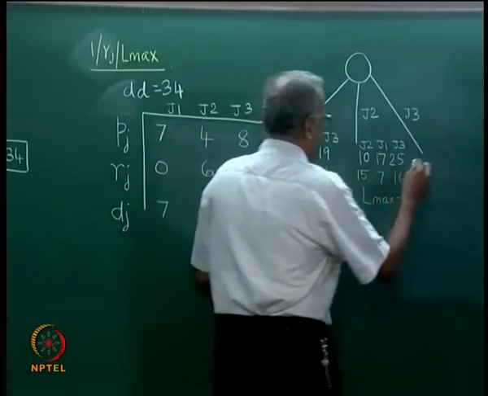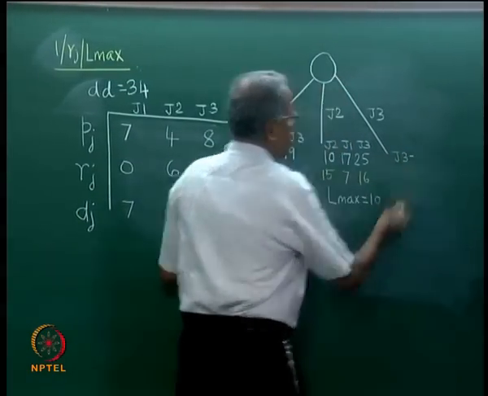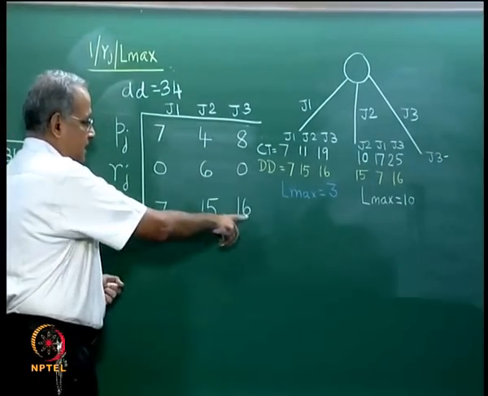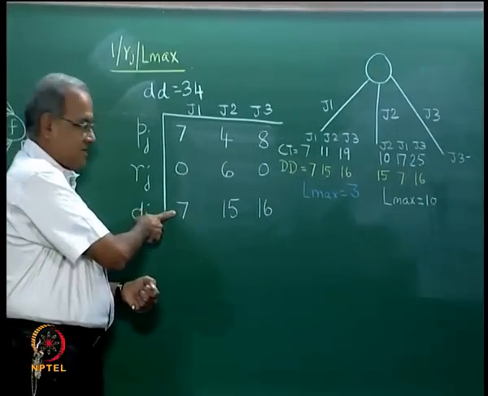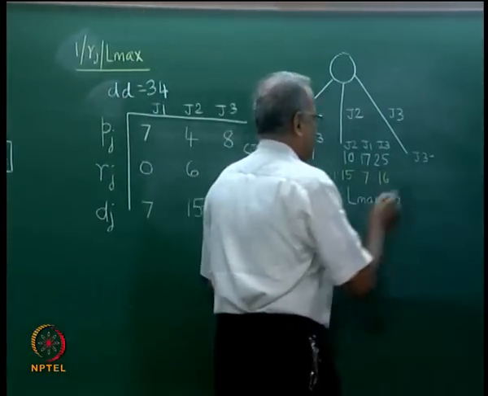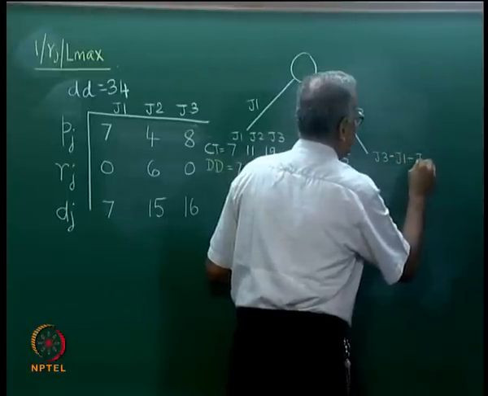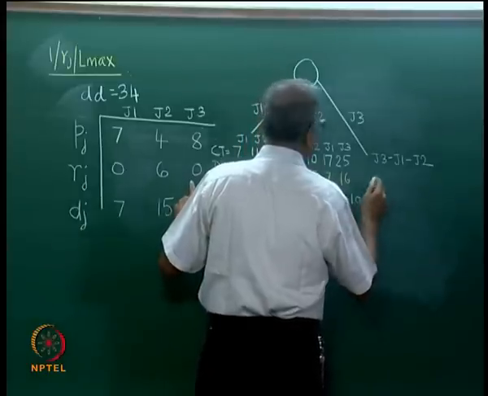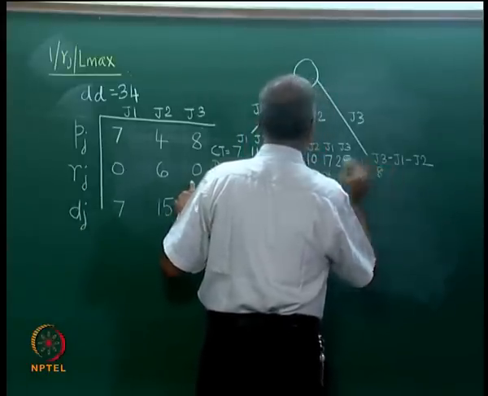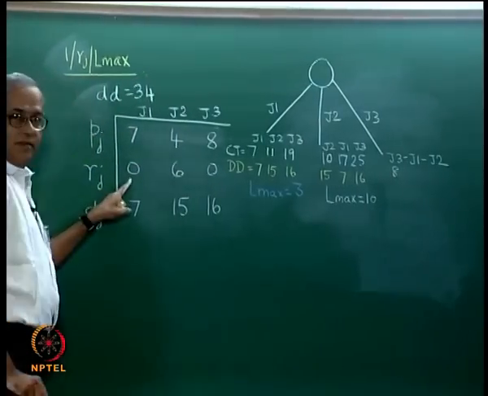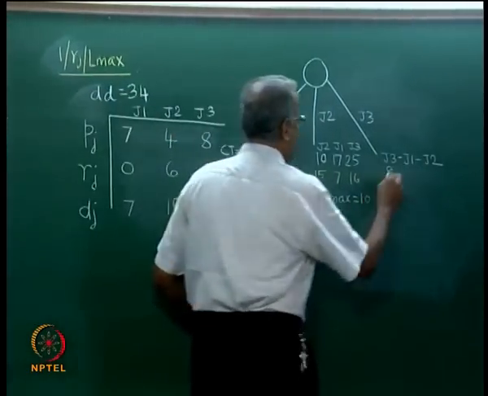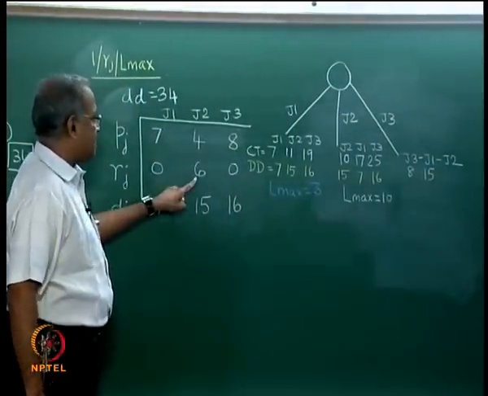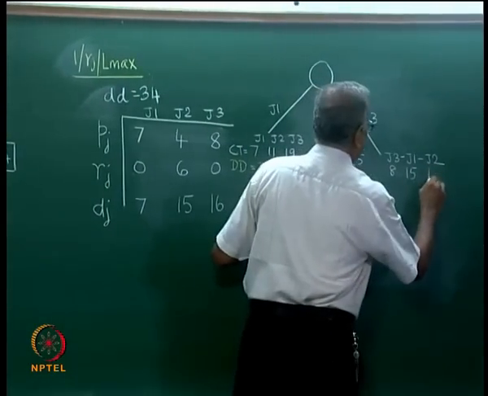Now, if we consider the third one with J3 as the first job, preemptive EDD would give us the order J3 followed by the lowest one J1 and then J2. So, here the completion times: J3 starts at 0 and finishes at 8. J1 is available at time equal to 0, so finishes at 15, by which time J2 is available, so this finishes at 19.